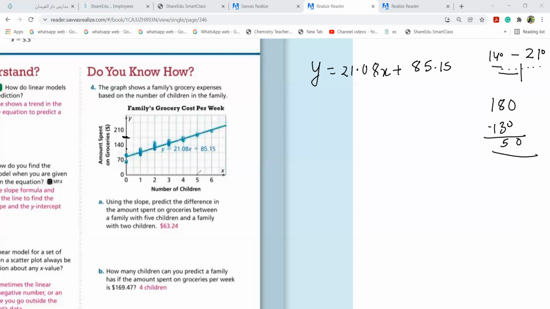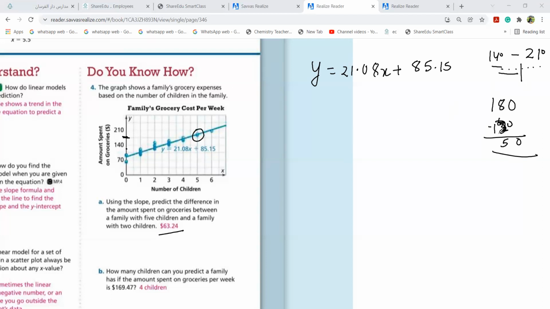Girls, this is just your prediction. He wrote exactly 63.24. You have to subtract, like with 5, how much was it, girls? With 5, almost 180. And I think this is not 130, it is more than that. Maybe 140 or 120.